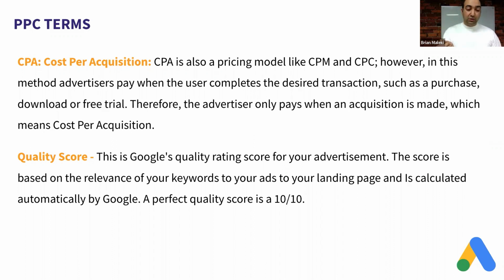Because searchers are Google users. So work on your quality score. Later, I'll share with you what factors you must know to increase your quality score. And this is how Google's algorithm determines which position you must get on search results and how much you must pay for CPC and CPA. This is one of the factors.